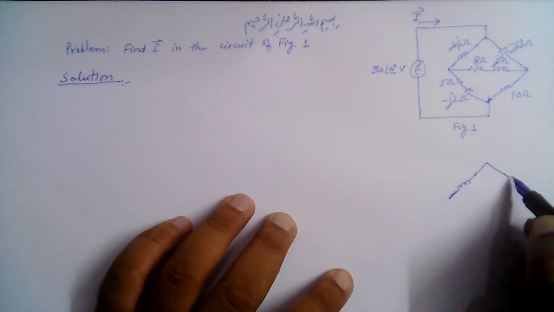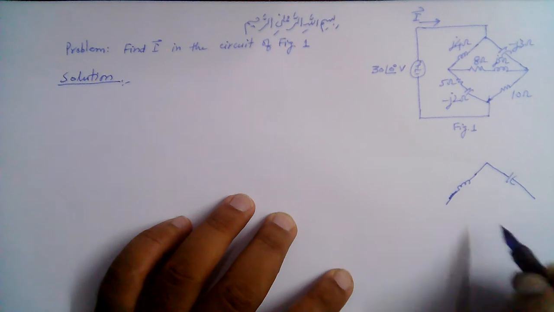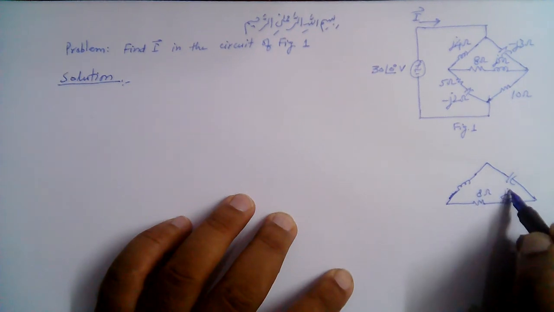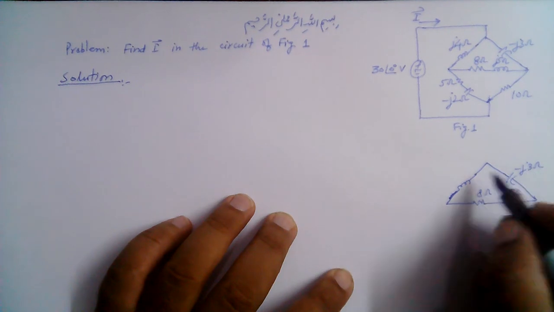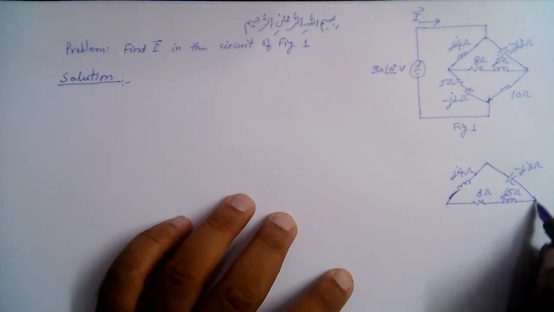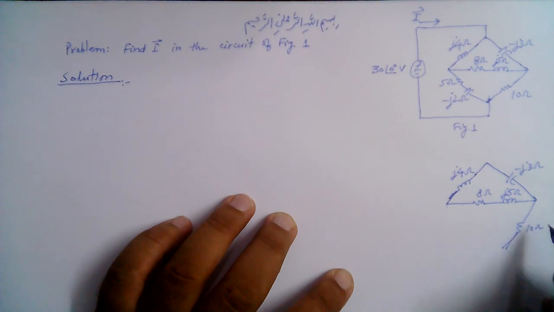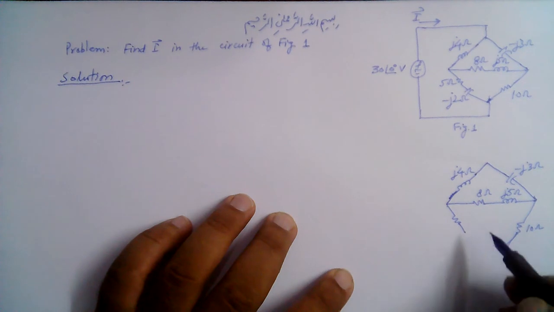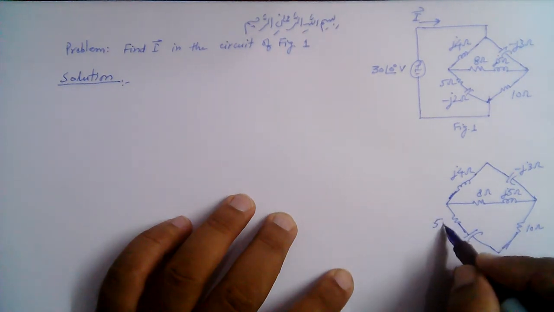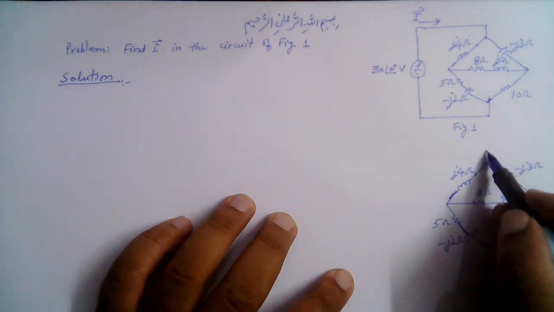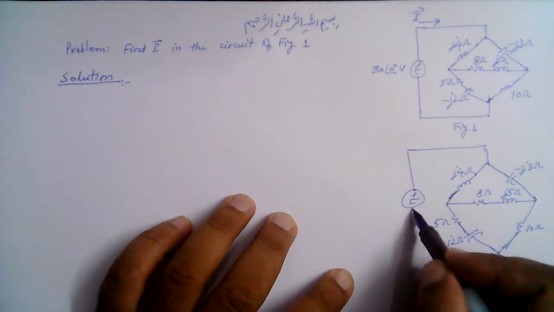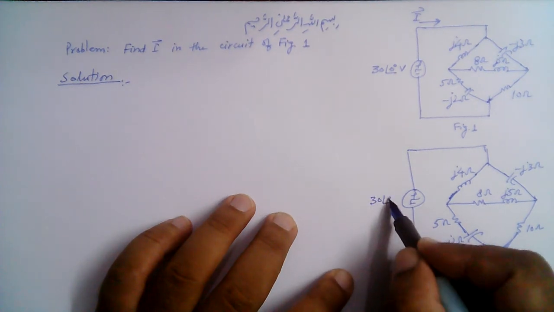This is the other branch, and 8 ohm, and this is 8 ohm, this is j5 ohm, this is minus j3 ohm, this is j4 ohm, and then we have a resistance here which is 10 ohms, then 5 ohm in series with minus j2 ohm, 5 ohm and minus j2 ohm, and this is connected with this source here, 30 angle 0 degrees volts.